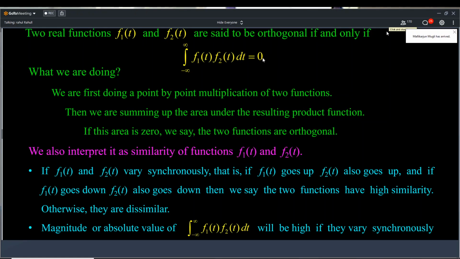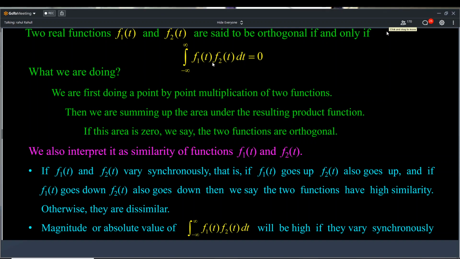If this integration evaluates to a very low value, means if f1 and f2 are varying in asynchronous fashion. Asynchronous fashion means if f1 is increasing, f2 is decreasing. If f2 is decreasing, f1 is increasing. In this manner, if they are perfectly varying in asynchronous manner, then definitely this integration will be 0.